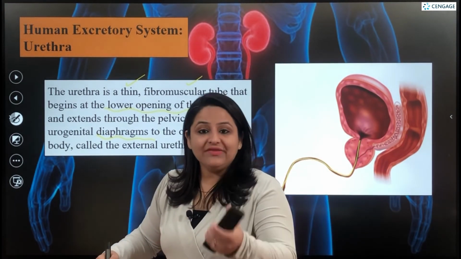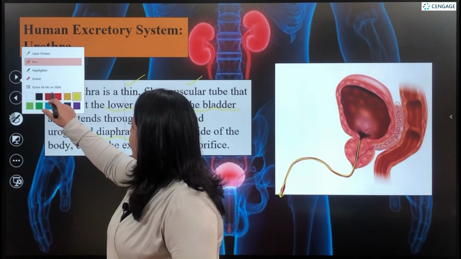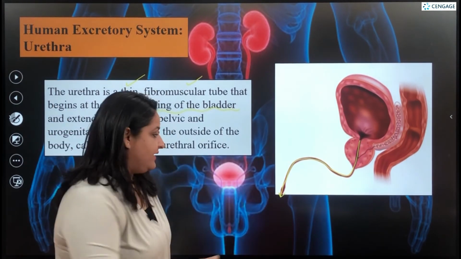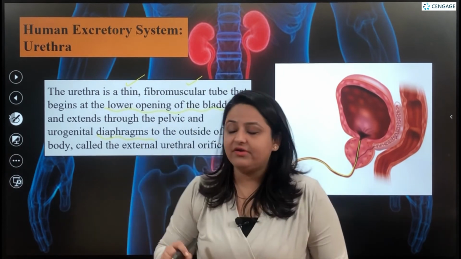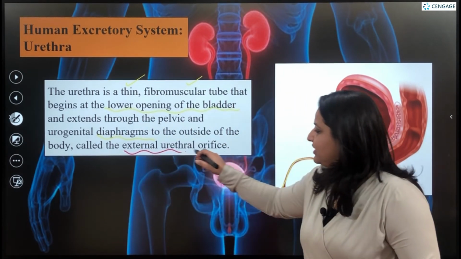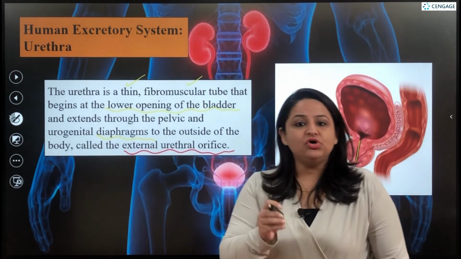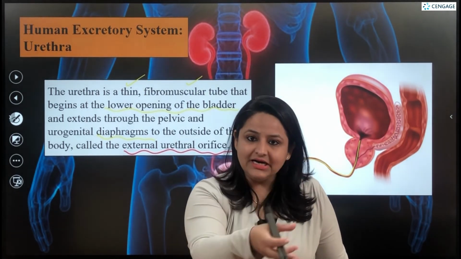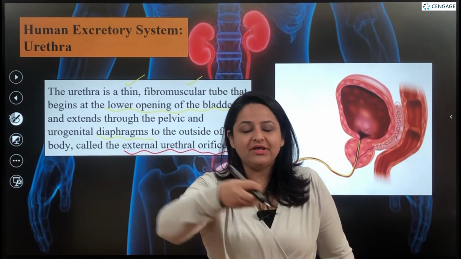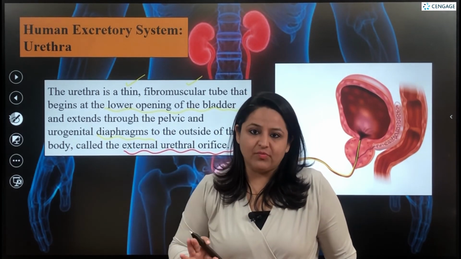And the urethra opens to the outside of the body by the help of an opening, and this opening is known as the urethral orifice, the external urethral orifice. So what is the function of the urethra? The function of the urethra is to conduct the urine from the urinary bladder to the outside of the body.